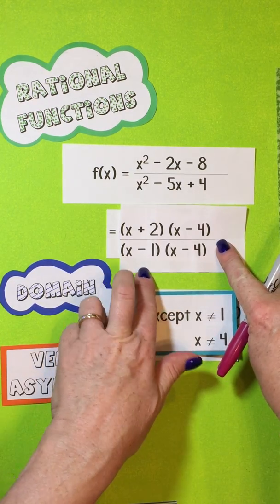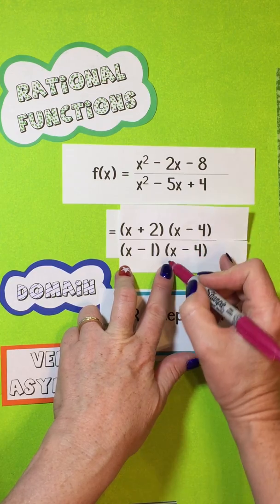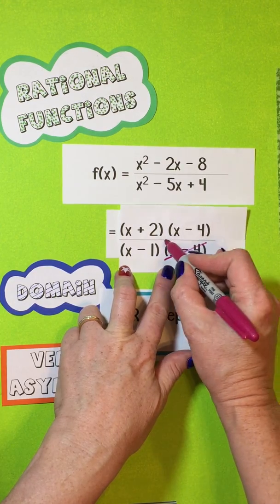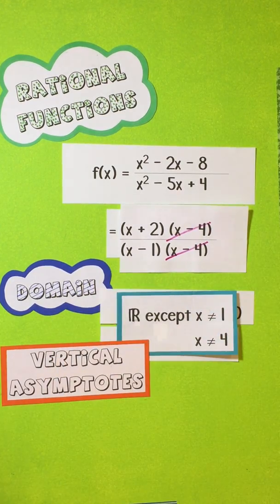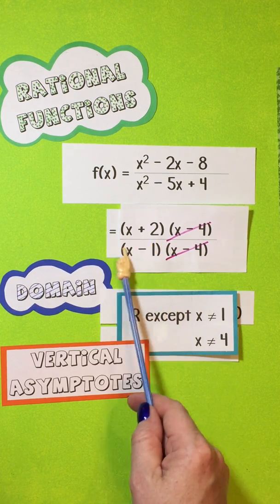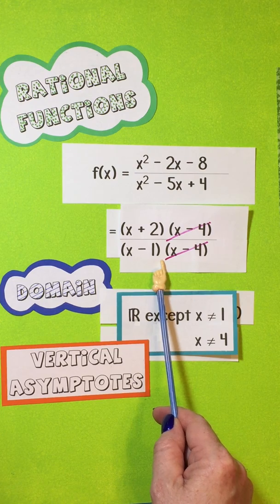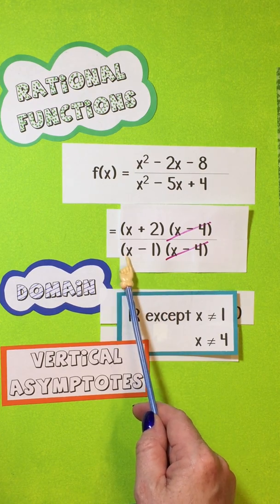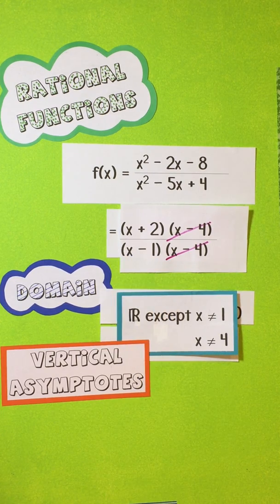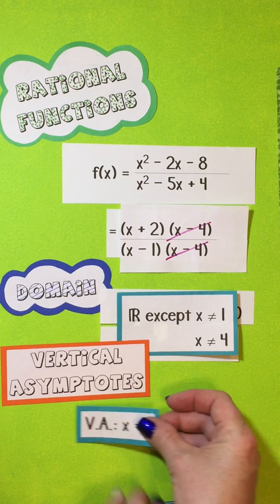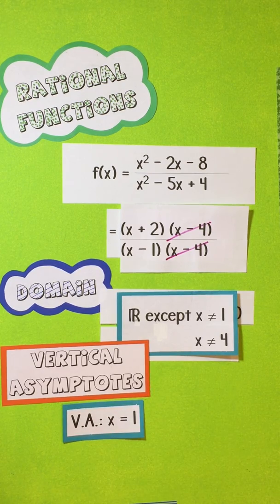And if we take a look at our factored form, x minus 4 and x minus 4, we can cancel those two terms. And so our vertical asymptote is whatever is left over in the denominator. The factor that's left over is x minus 1. So we will have a vertical asymptote when x equals 1.